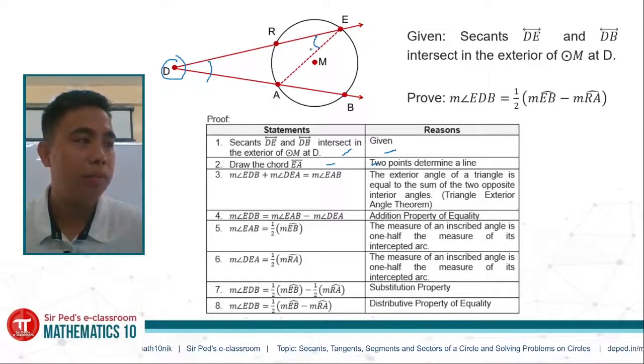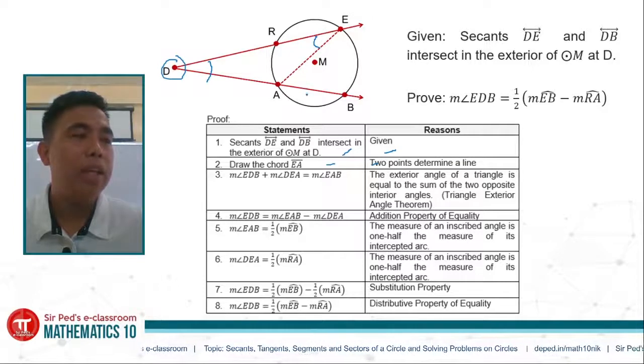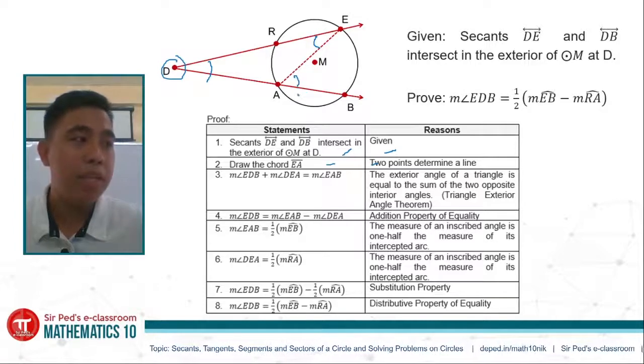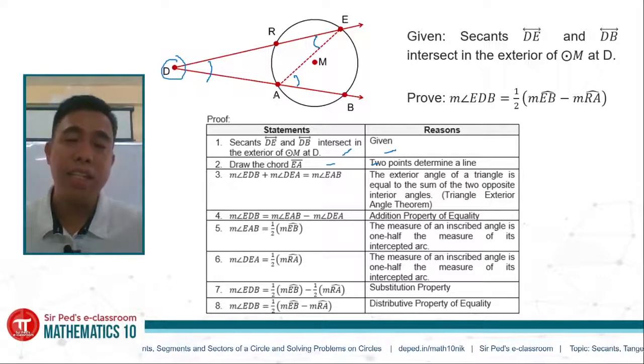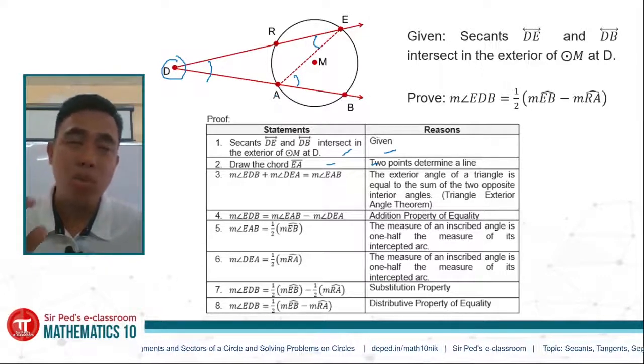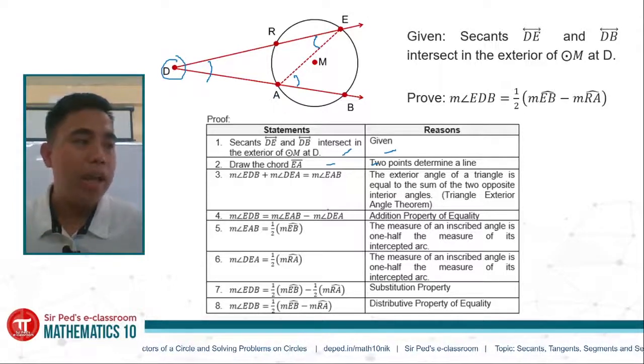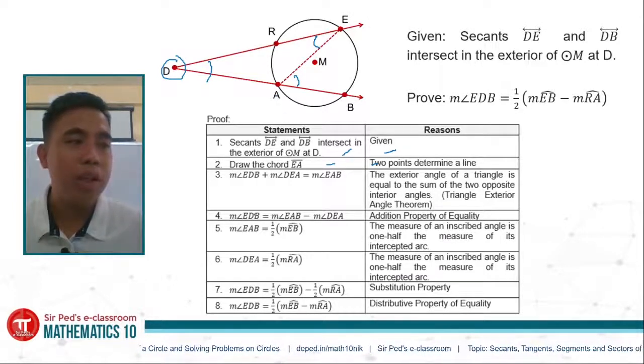That one, is equal to the measure of angle EAB. This one. The same reason: the exterior angle of a triangle is equal to the sum of the two opposite interior angles. Earlier, we named them 1, 2, and 3. It's the same here. And then, by addition property of equality, the measure of angle EDB is equal to the measure of angle EAB minus the measure of angle DEA.